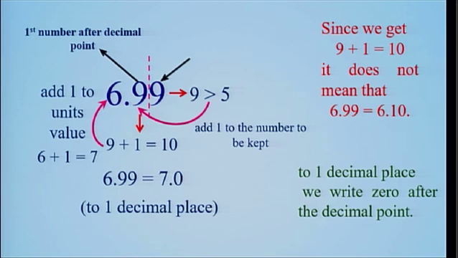But here we are not writing to the next whole number, we are writing to 1 decimal place. So we need to keep the decimal 0 here. We need to keep a digit just after the decimal point. Hence, 6.99 to 1 decimal place is 7.0.